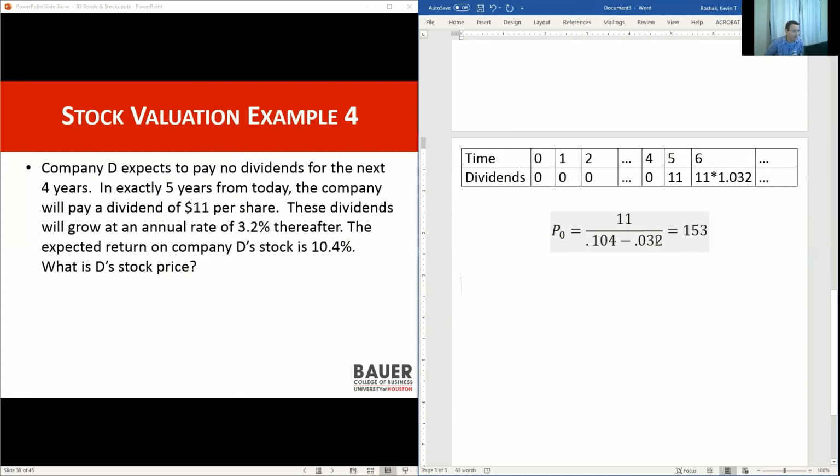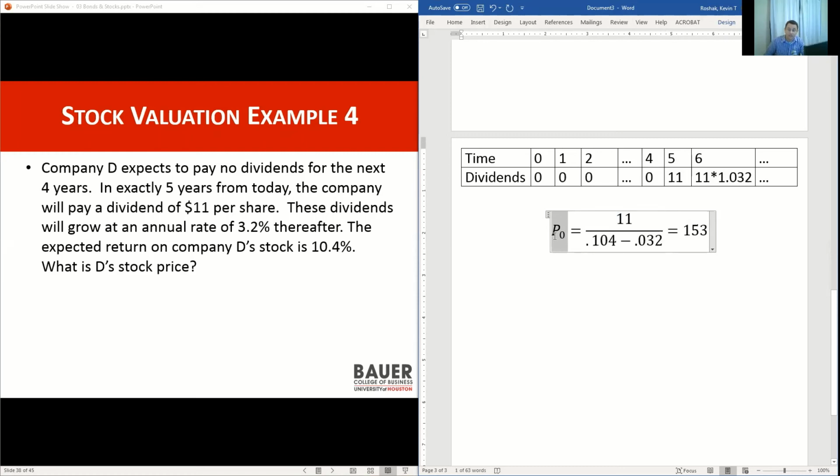Okay, so how can we think about this? Well, we know that it's a growing perpetuity starting at time 5. It starts paying at time 5. So this is where we have to remember, it's still a growing perpetuity, so we can still use this formula. The problem is the growing perpetuity is no longer a present value anymore.